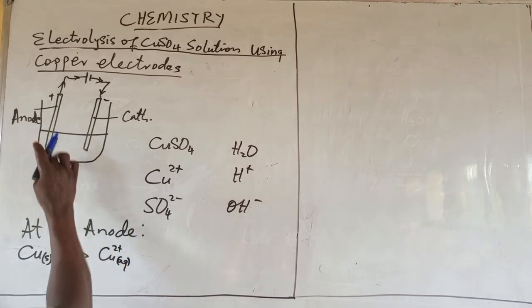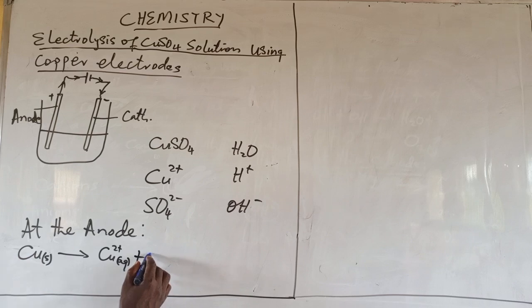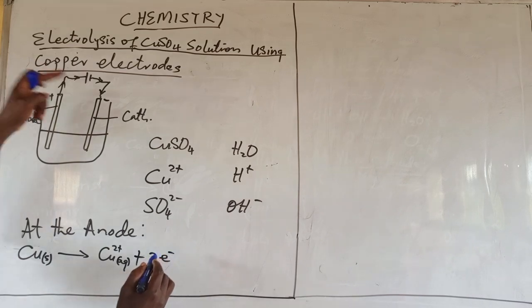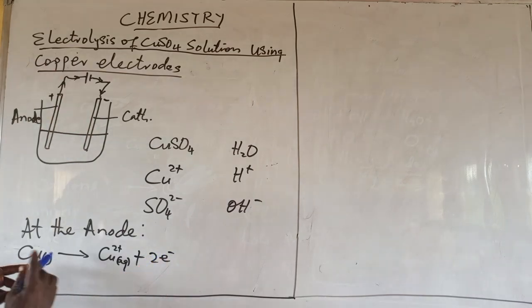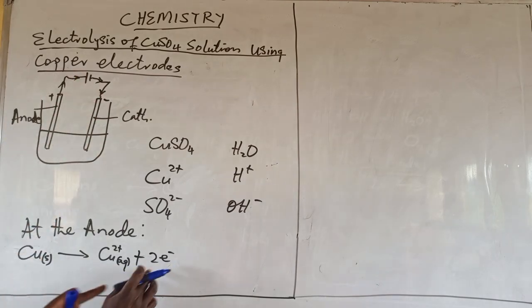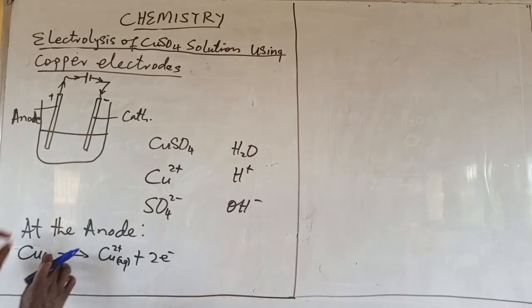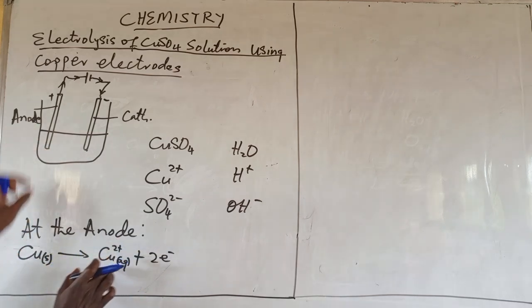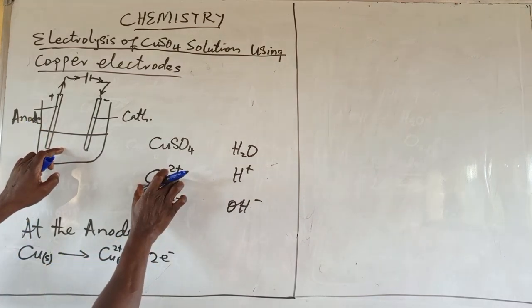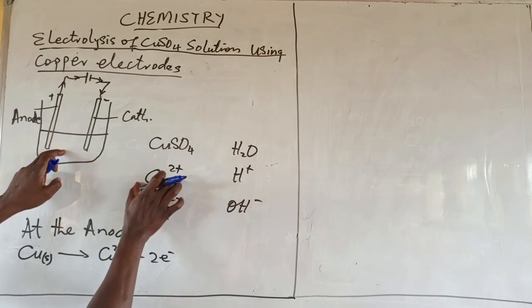It will go to the solution, and then the two electrons given out will be flowing to the cathode. That's what happens at the anode. Now these two electrons that are flowing down, as this one is falling into the solution to increase the concentration of Cu2+.